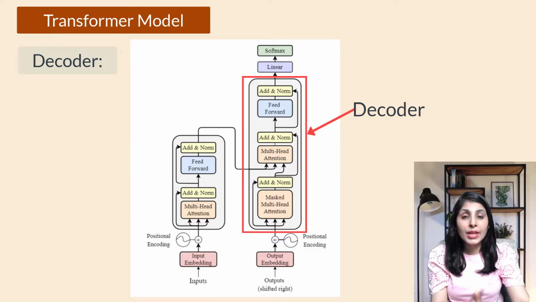Okay, there is one more thing to explain, that the output of the encoder is the input to decoder, right? But if you check the architecture, you will notice that output of encoder is becoming the input to multi-head attention, which is the second layer in every decoder. Okay, so what is the input to the masked multi-head attention?